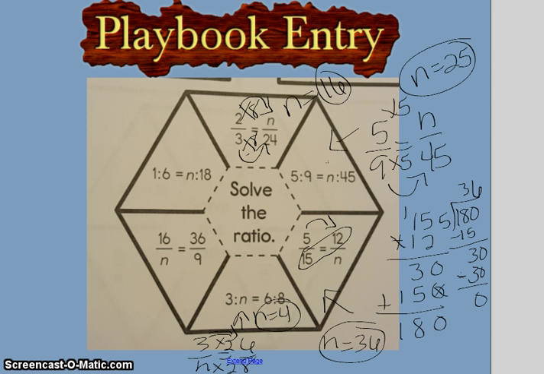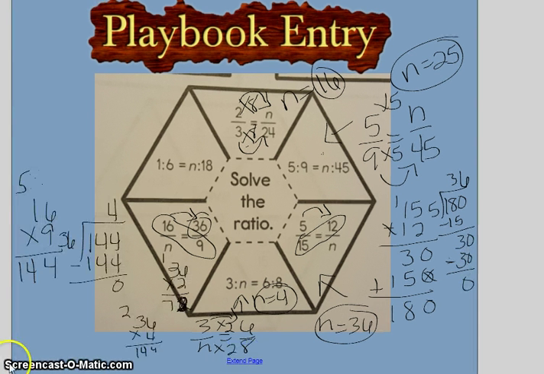Next, I would look at my next flap here. If I went from 16 to 36, it doesn't go in nicely. So what I have to do is my cross multiplication. So I'm going to cross multiply 16 times 9. And then whatever answer I get, I'm going to divide by my third value.